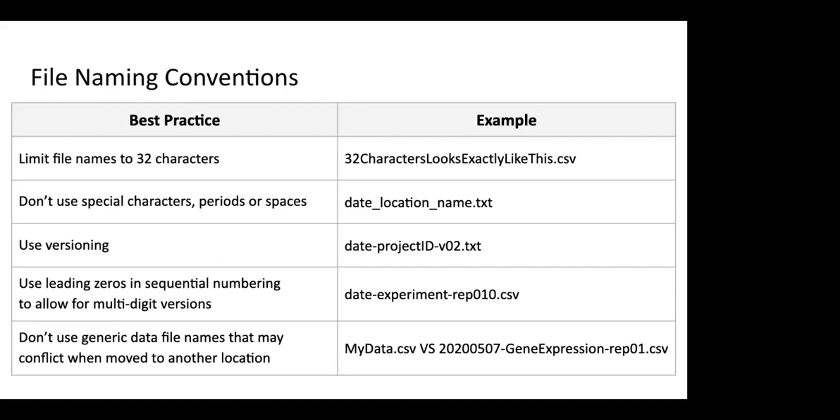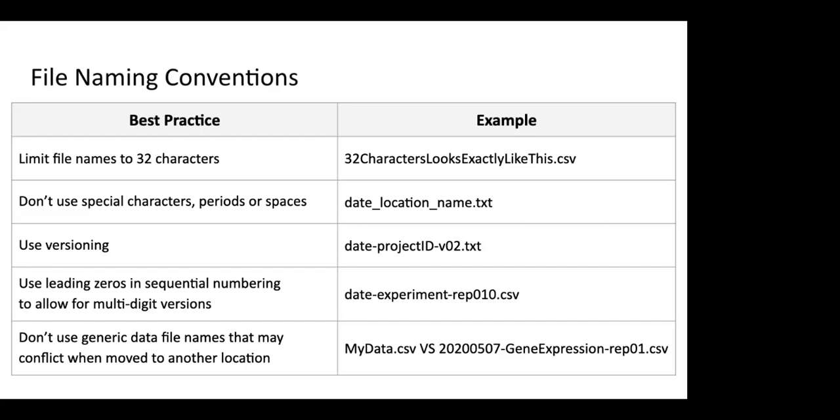Here I have provided some quick best practices and examples of good file names. I'm not going into a lot of detail here, but overall you want file names to be descriptive, consistent, and of appropriate length. Ideally around 32 characters is a good length for a file name.